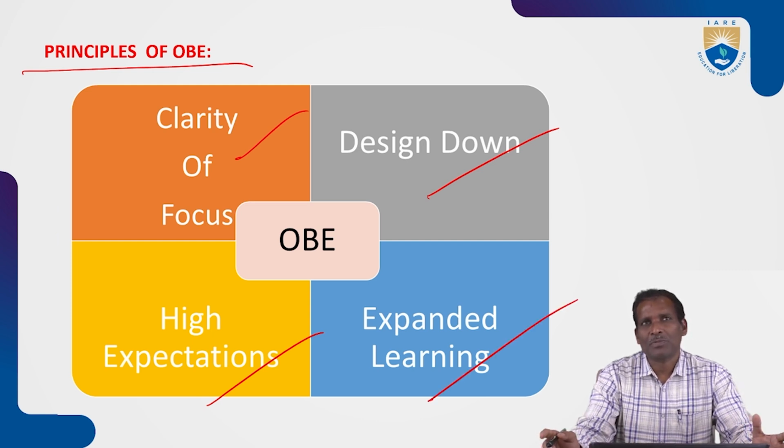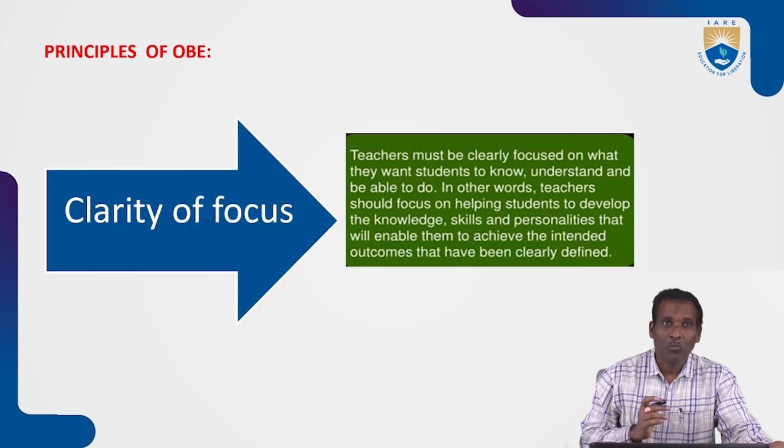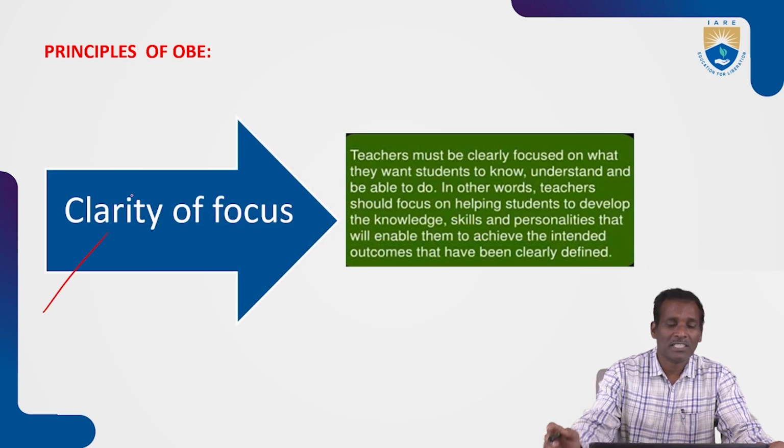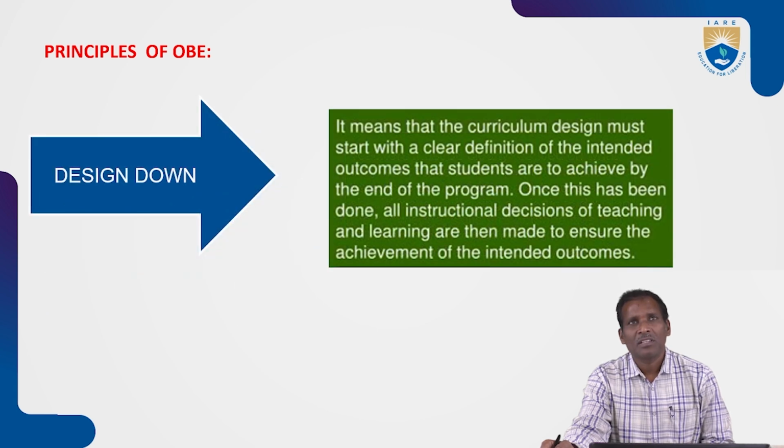So the major principles of outcome based education are these four: design down, clarity of focus, high expectations, expanded learning. One by one we will see. First, design down we will see.